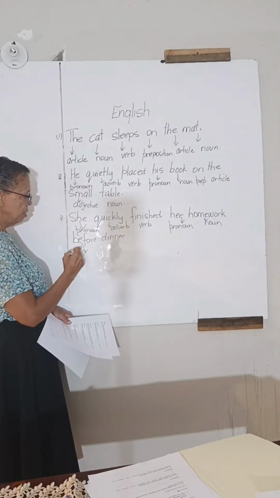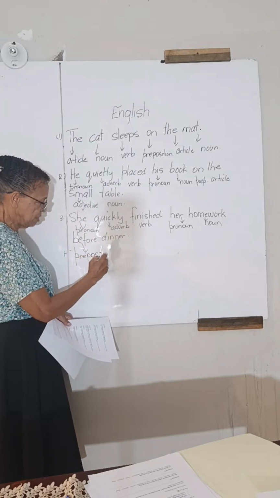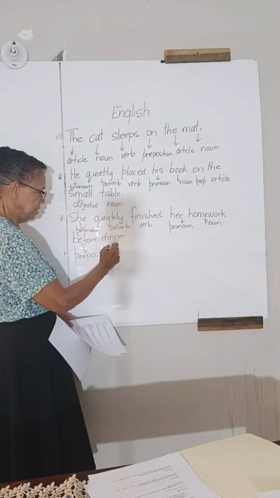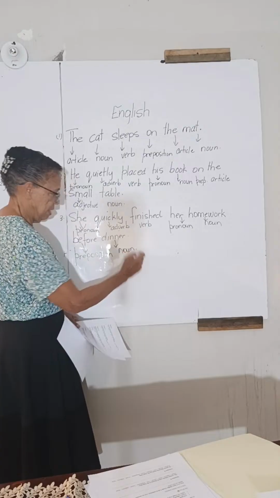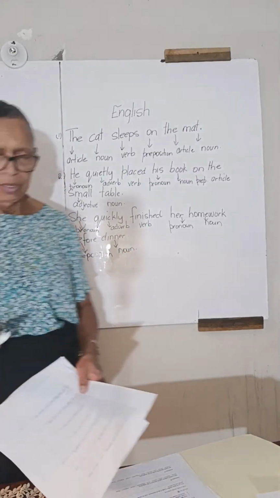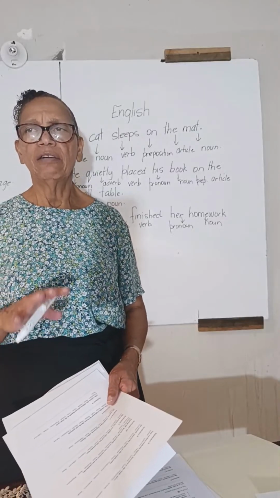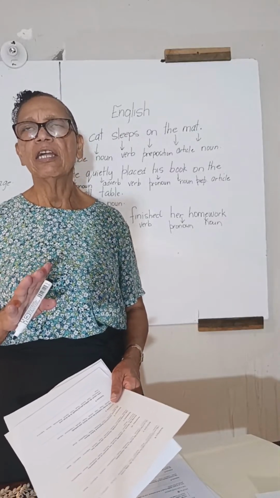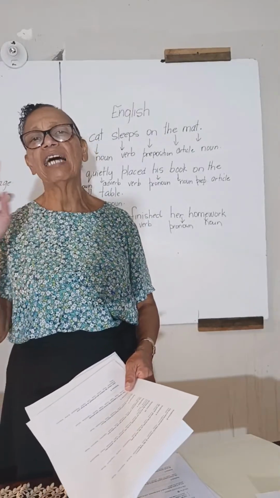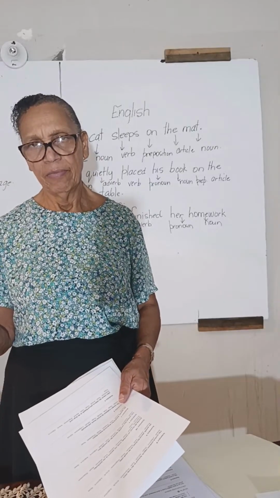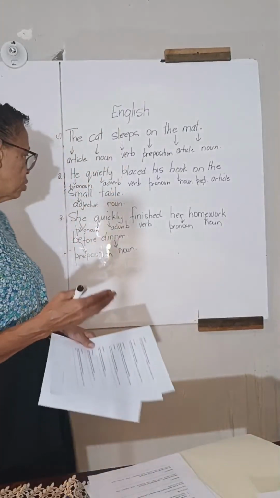Before. Preposition. But there's another thing. And dinner, this is noun. Sometimes, as I said, there are exceptions to the rules, and also in English language, there are words that can be used as conjunctions and they can be used as prepositions. So all of those little finer details, we will look at them as we go along.